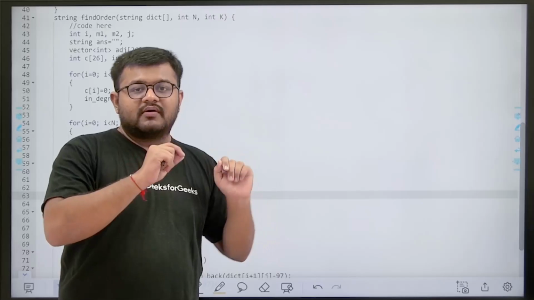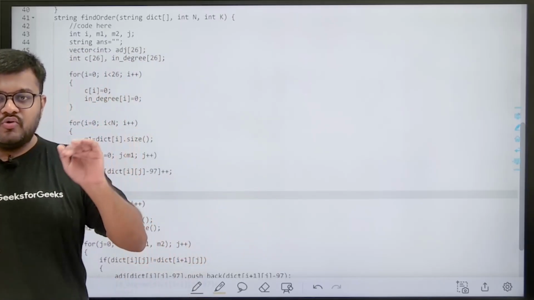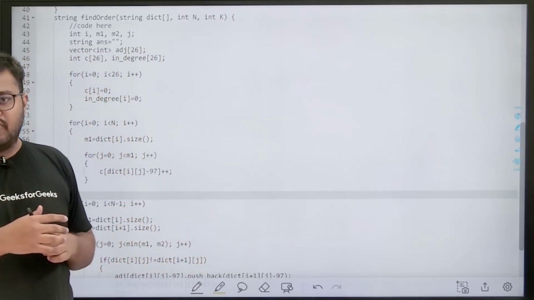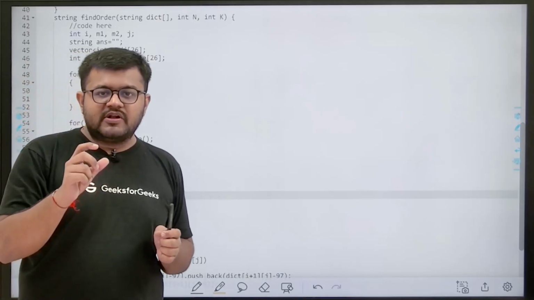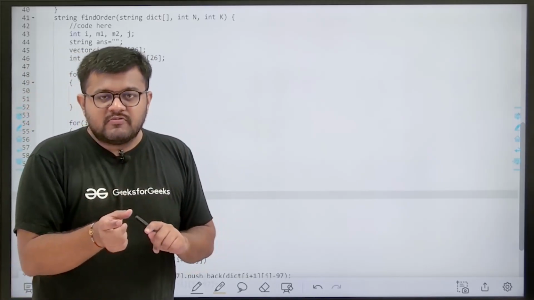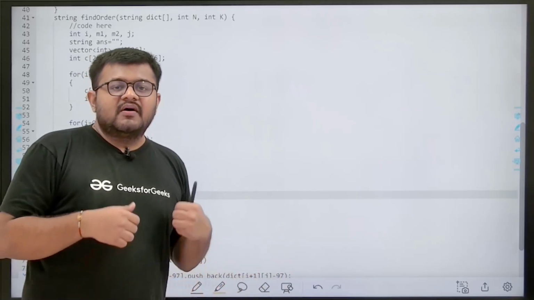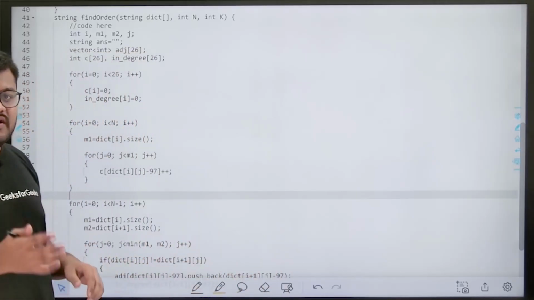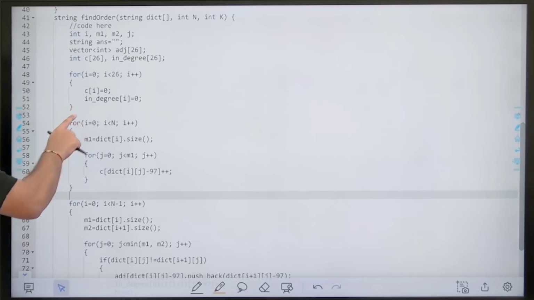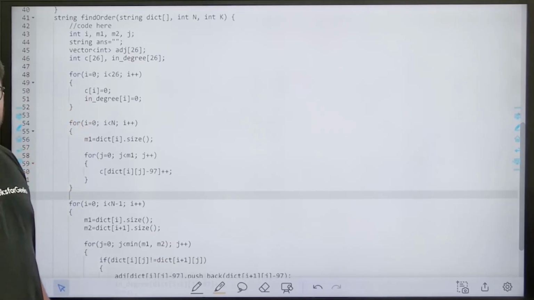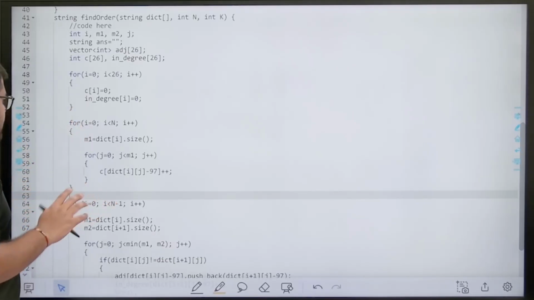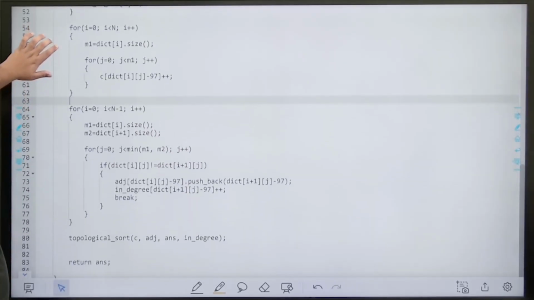There was no directed edge coming towards Z or going out of Z, so in that case also the in degree will be 0. So to distinguish between them and to know whether a particular character is present in the given words, and only then consider it in the topological sort, we use the counter. If counter of i is 0, it means it is not present in any of the words, so there is no meaning in adding it to our topologically sorted order.